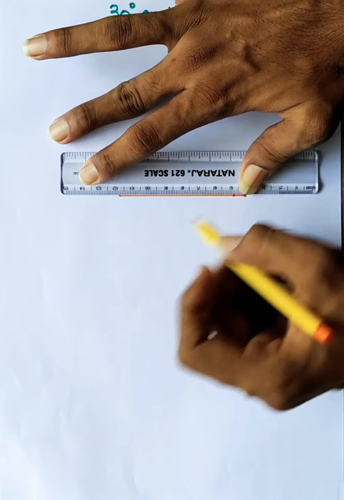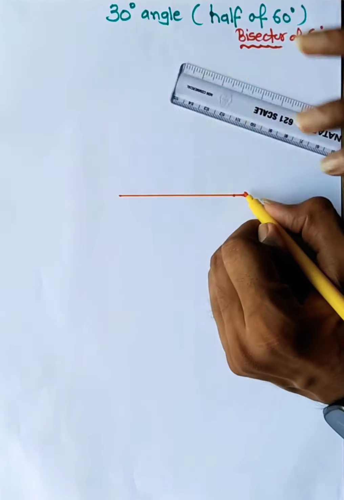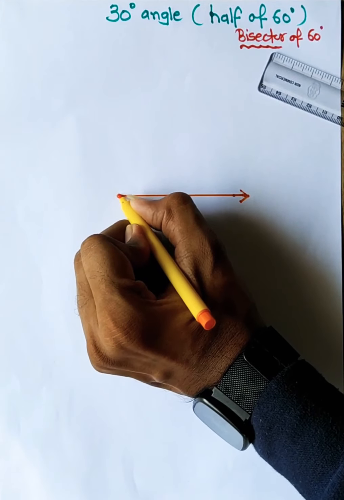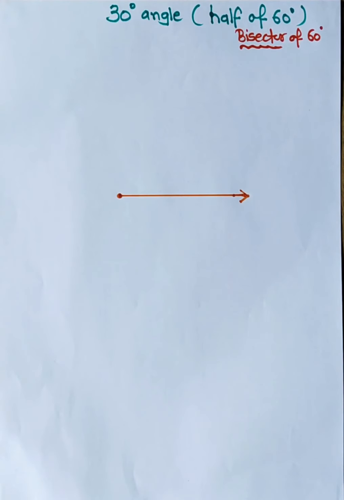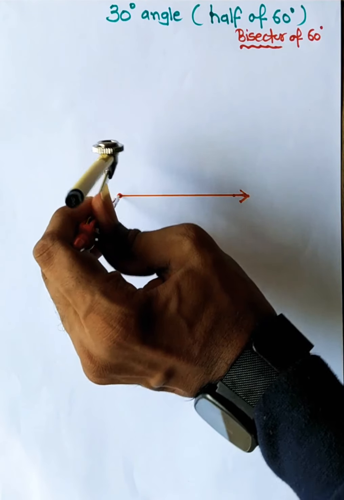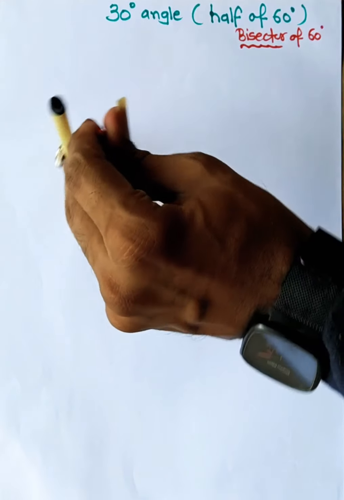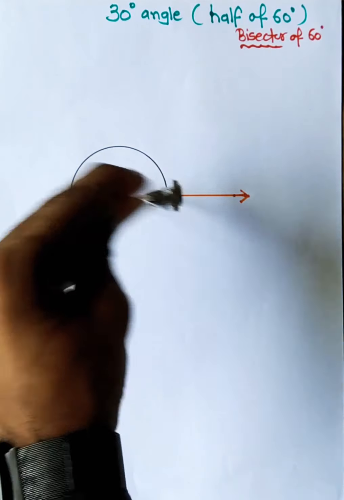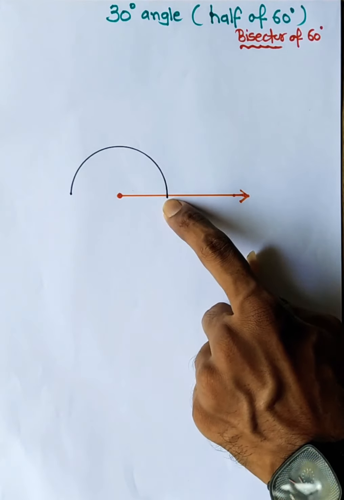So I'm drawing a ray. Here it is, the end point. Now my next step will be putting the center of the compass, taking arbitrary radius and making a semicircle that will intersect on this point.